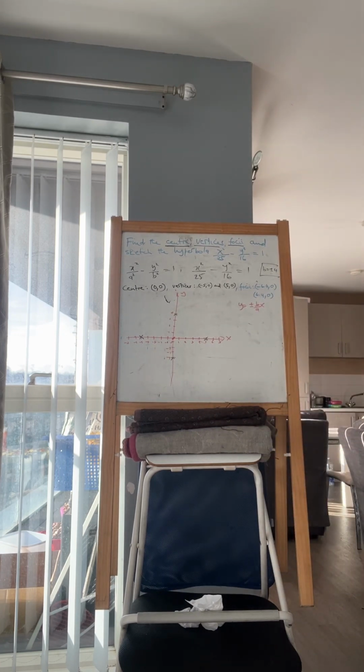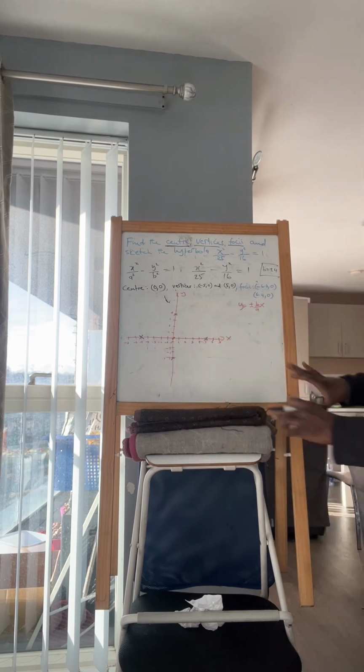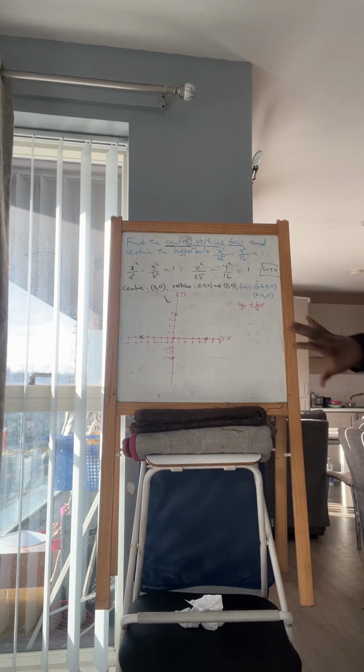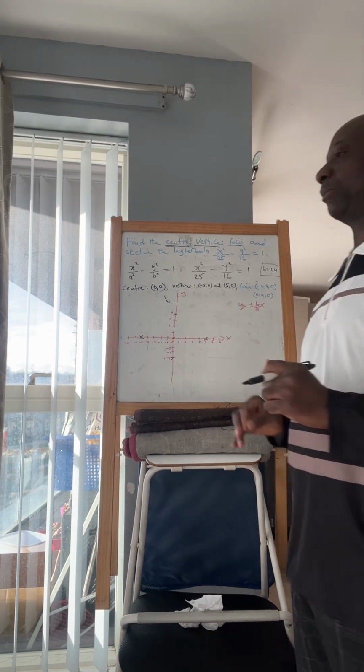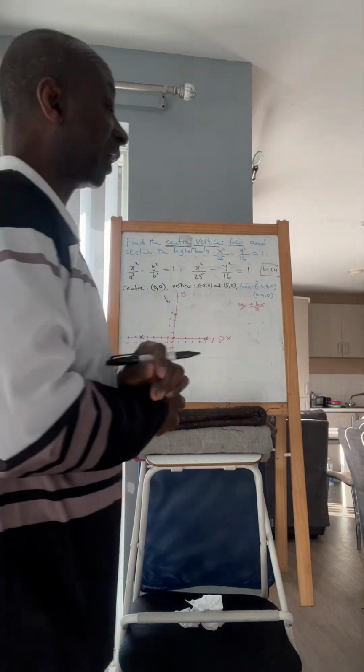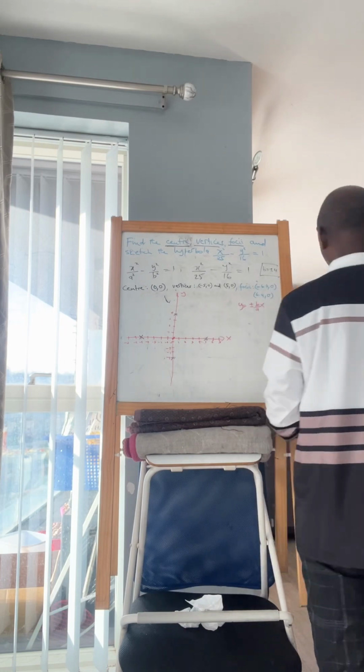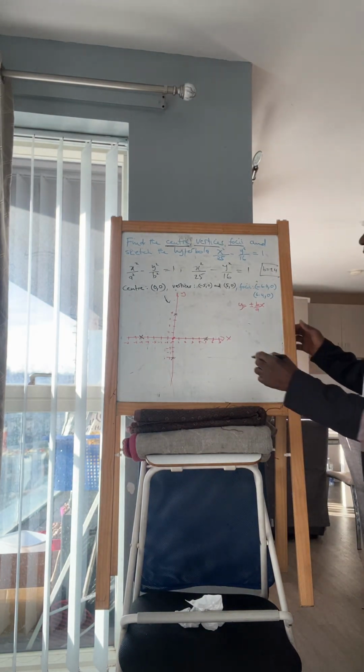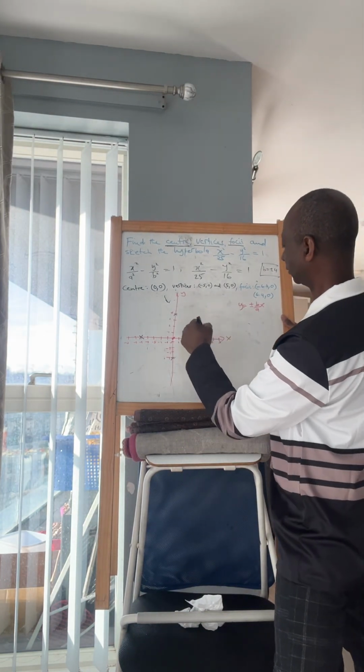So now let's try to join these 4 points, because these 4 points will give us a rectangular hyperbola. And from that, we can draw our straight lines that give us the equation of the asymptotes. So let's join them together.